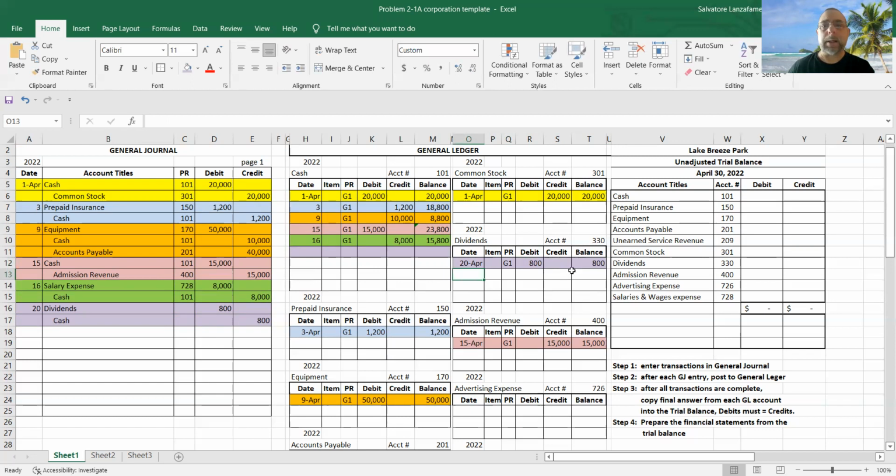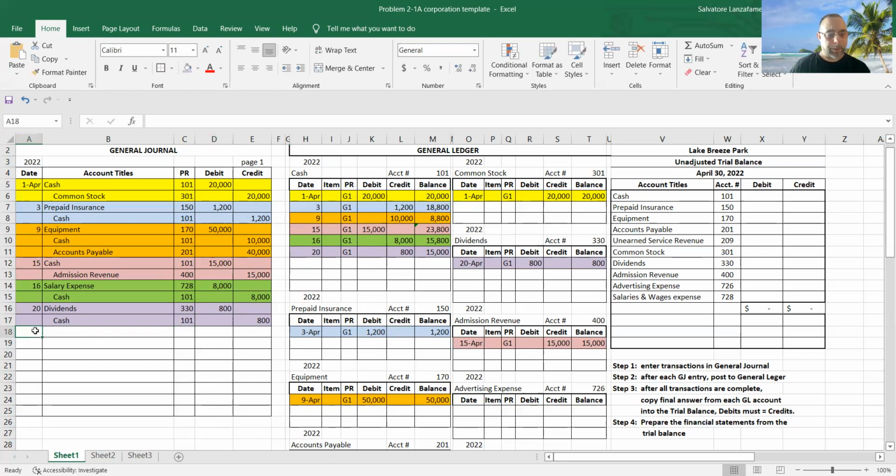Ready? And cross-reference back with the 330. And then cash on the 20th. G1, we are going to credit the cash for $800. And our new balance is $15,000. Cross-reference back with the 101. Alrighty.